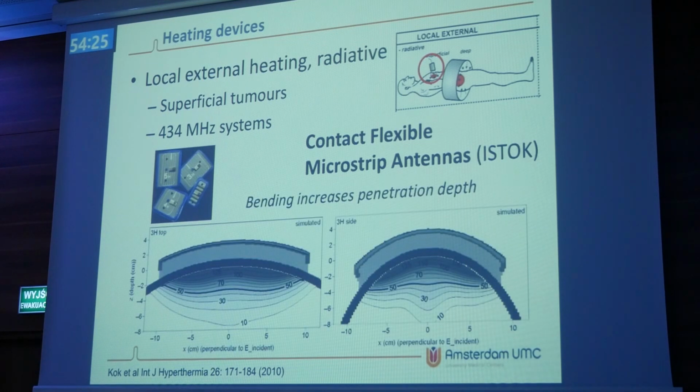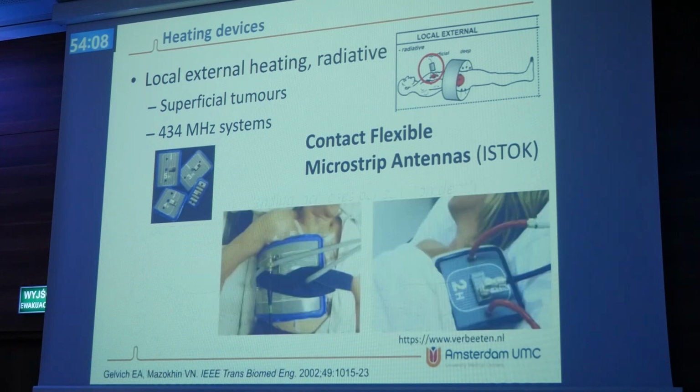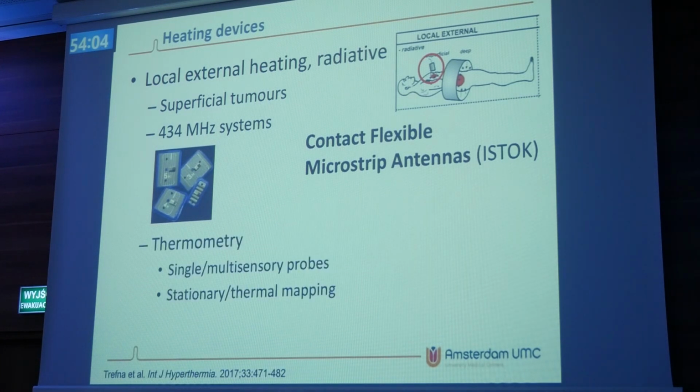And the interesting thing is that if you bend them, you can also increase the penetration depth, but slightly. The bending is mainly intended to make the applicator follow the form of the body of the patient. And these are some examples of the use of these.